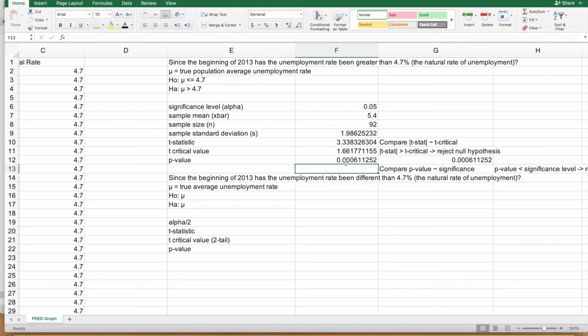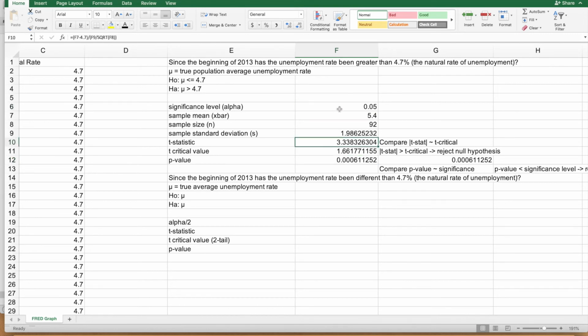It's at 0.0006. I think I said 2 zeros accidentally the first time. But it's 0.0006. That is less than 5%, which is the threshold we set for ourselves before we looked at the data of whether we would reject the null. We got a lower probability of being wrong than we set for ourselves, and so we reject.